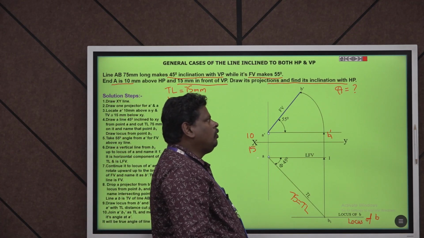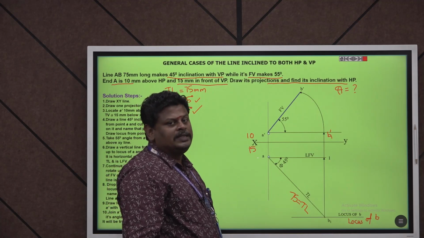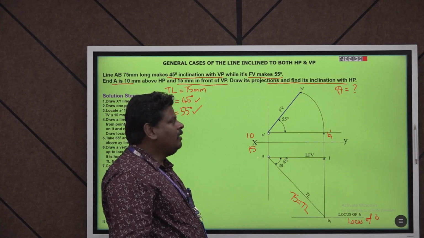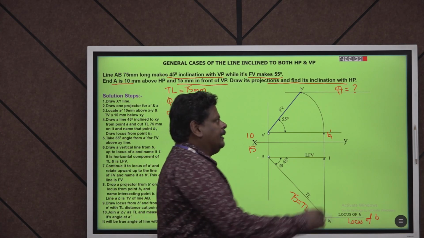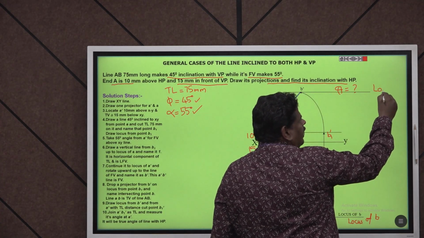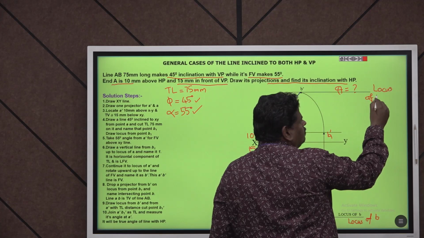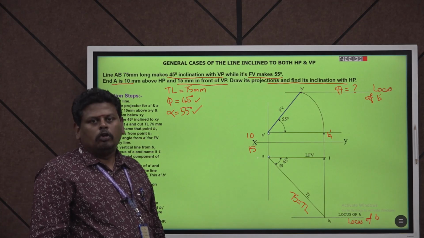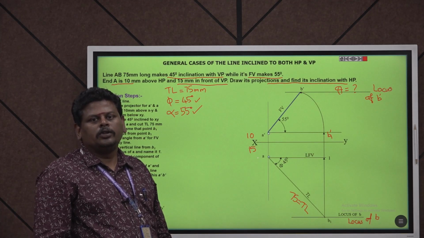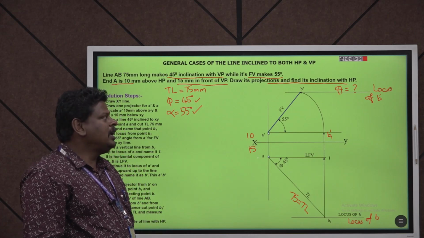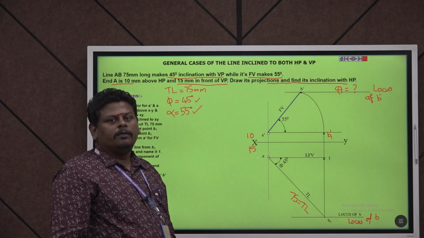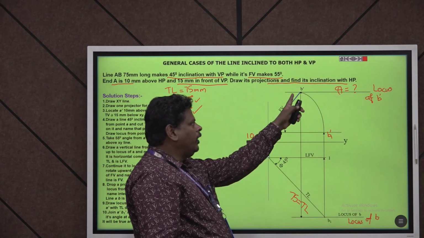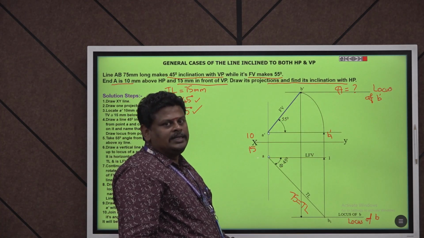Okay. So, once we locate this point b dash, that will be the front view, and we can again draw another locus here. I told you whenever a point is located, we need to draw a projection line, a horizontal projection line, and we can write there as locus of b dash, which is in front view, and from there again we can draw a straight projection line towards the top view.